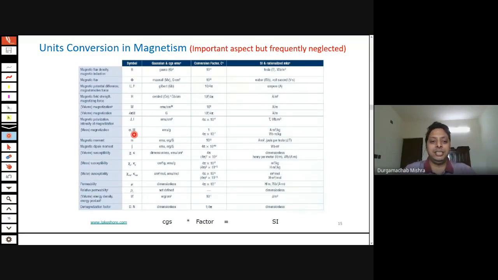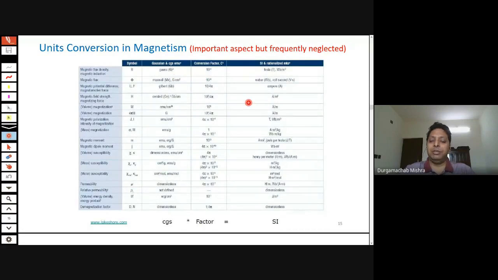Electrical engineers working with electromagnets or permanent magnets might use magnetic polarization J. Physicists talk about magnetization M, or sigma, the mass magnetization, or maybe susceptibility. Electrical engineers will talk about permeability, right? These are different terms used in magnetism, and they have different units.